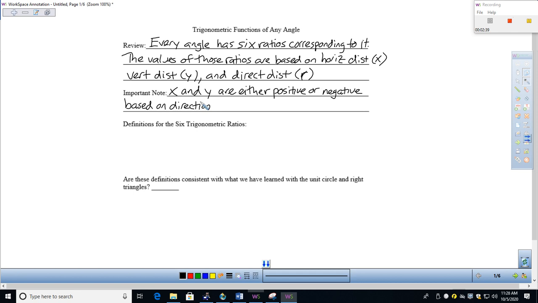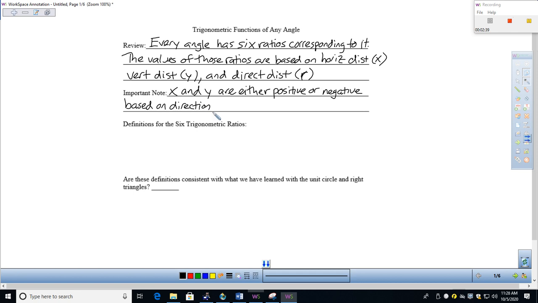If I move upward on the coordinate plane, the vertical distance, the y value, would be positive. If I move down vertically, it's negative. If I move to the right, horizontally, that would be positive. If I move to the left, horizontally, obviously, that would be negative.